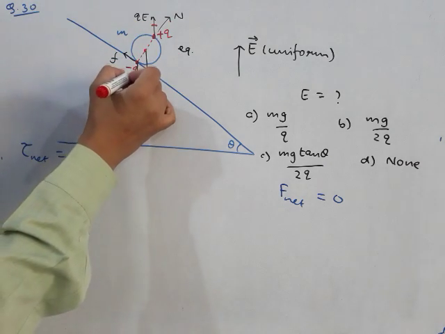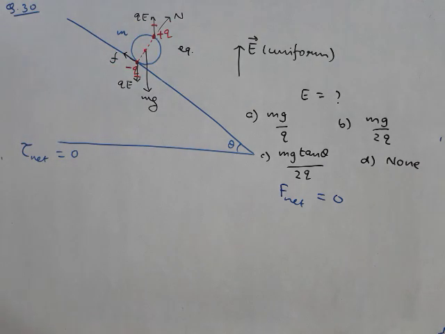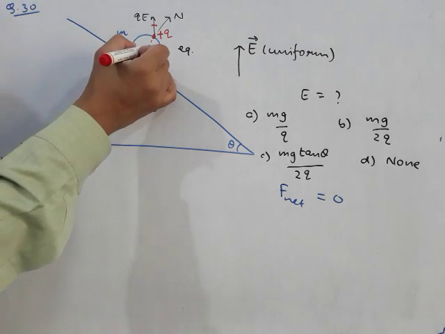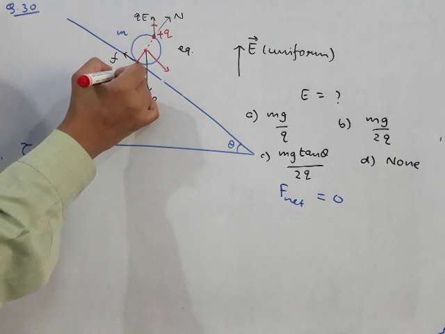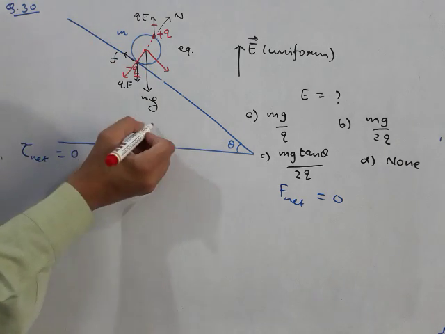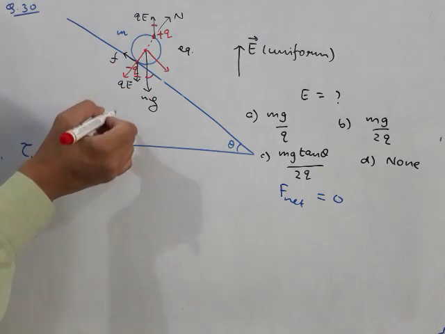So the forces which are left are N, F and mg. We will resolve them one by one. So mg can be resolved like so. One component like this, one component like this. This is theta. So this angle will be 90 minus theta.